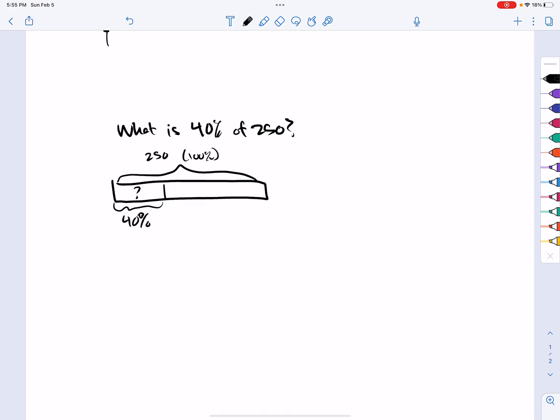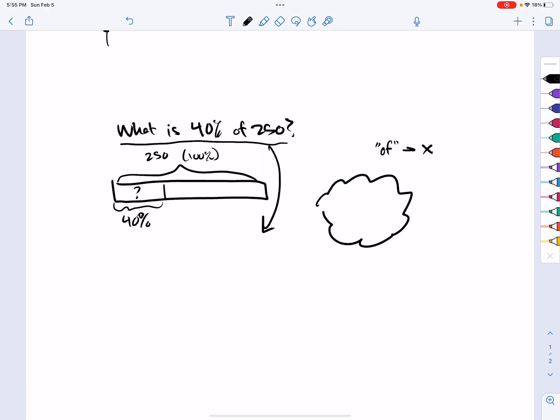what is this value? You might think back to when we've worked with fractions and other multiplication problems, that when you hear that word "of," that should tell you multiplication. So if I were to rephrase this question of what is 40% of 250, I know 40% is equal to 40 over 100, because mathematically that's a little bit easier for me to deal with.